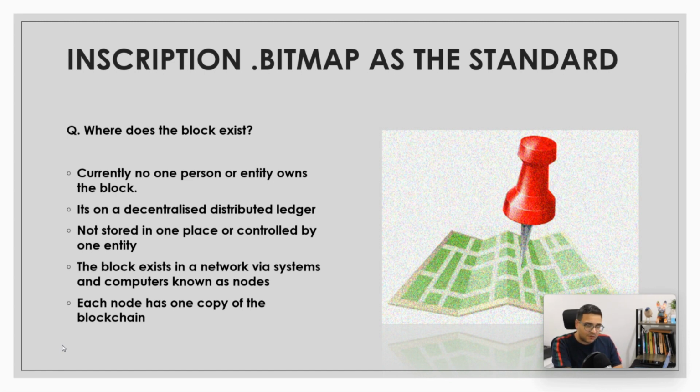Blocks exist in a network via systems and computers known as nodes. Each node has one copy of the blockchain. Pretty straightforward. So it isn't just stored in some server or some computer in the middle of nowhere. It is in some sort of cloud, some ledger with all the nodes and computers, all the systems connected with each other, it's all in existence, not centralized. And that is why we ultimately like Bitcoin.